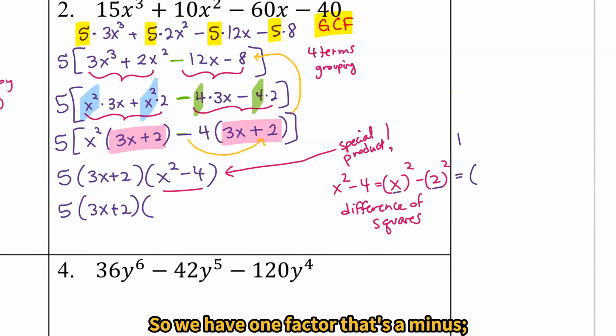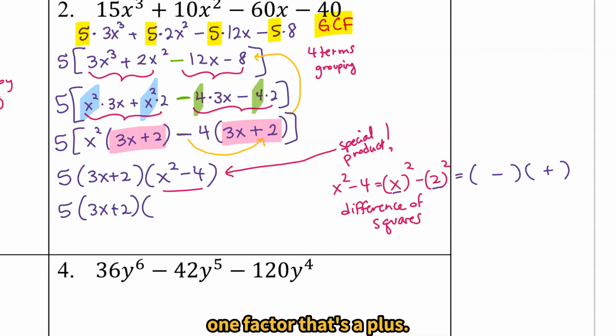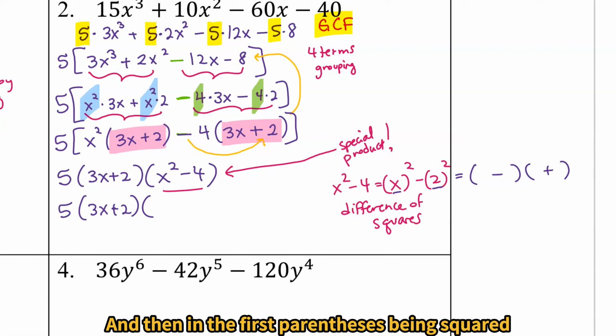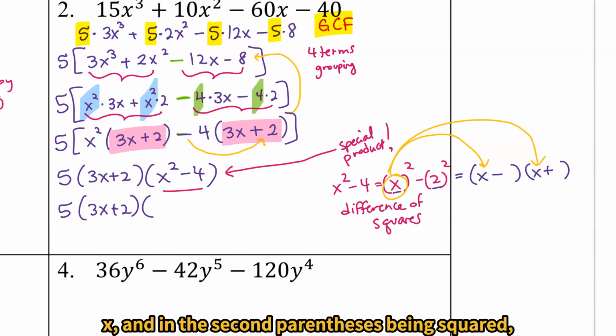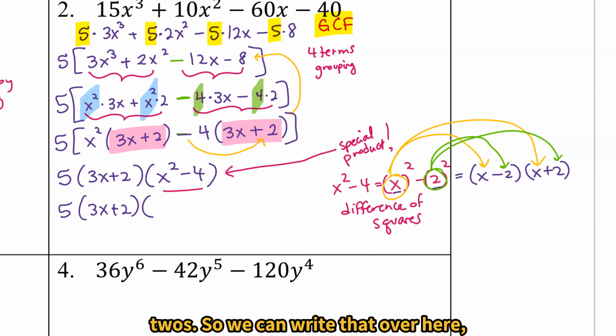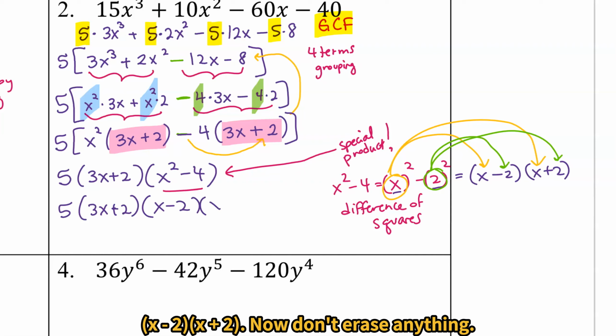So we have one factor that's a minus, one factor that's a plus, and then in the first parentheses being squared, x, and in the second parentheses being squared, 2's. And so we can write that over here, x minus 2, x plus 2.